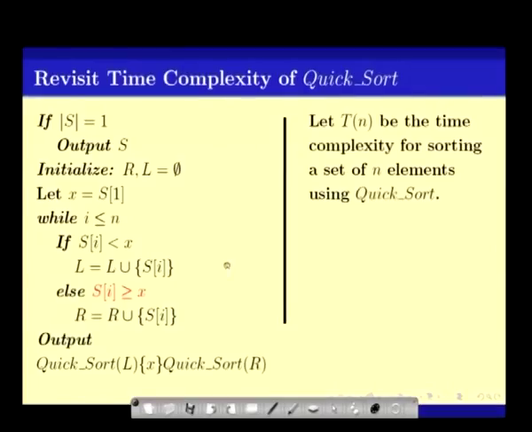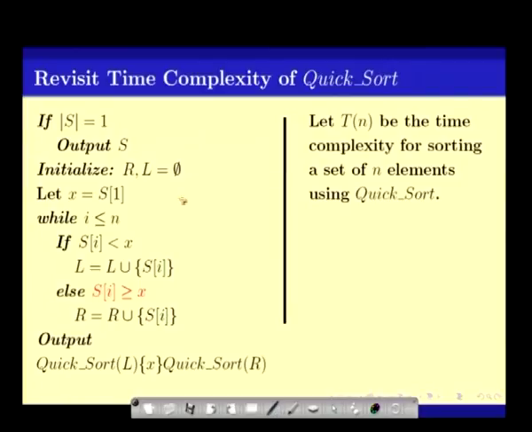Okay, here on the left we have the pseudo code for the quick sort algorithm, and on the right let us go over the proof of the time complexity for quick sort. So, let T(n) be the time complexity for sorting a set of n elements using quick sort.